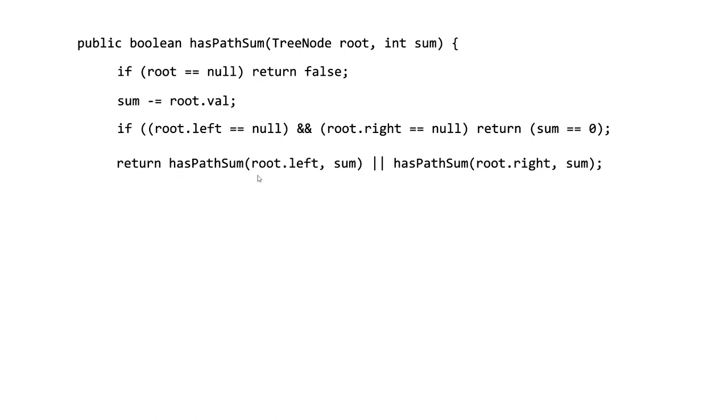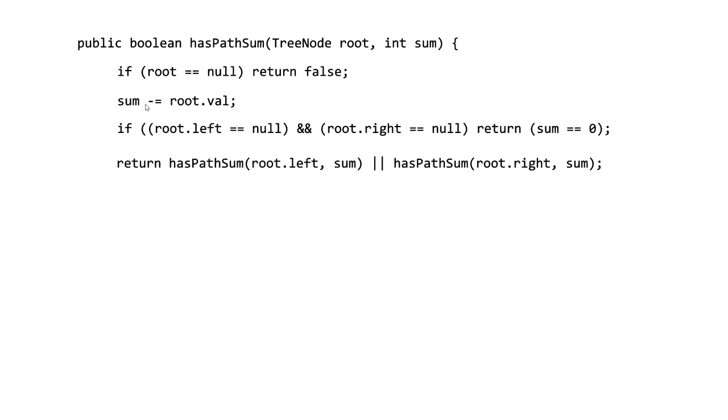Otherwise, we're going to return, and we're going to call hasPathSum again. Surprise, surprise. Binary tree uses recursion. It's usually less lines of code, but way more confusing. So this is going to call hasPathSum with root.left and the current value of sum.